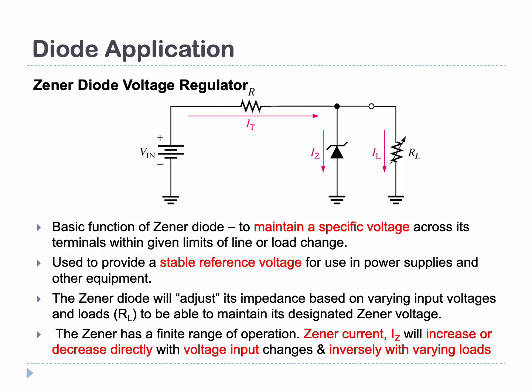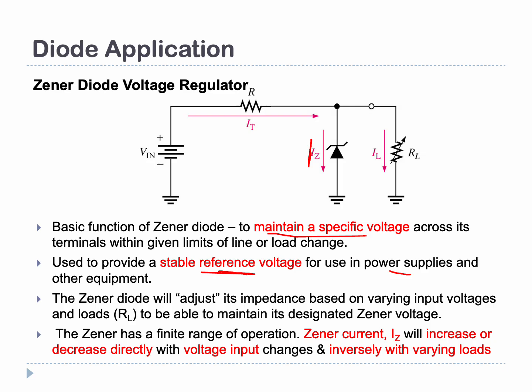The basic function of a Zener diode is to maintain a specific voltage across its terminals, within given limits of line or load change. It is used to provide a stable reference voltage, for use in power supplies and other equipment.